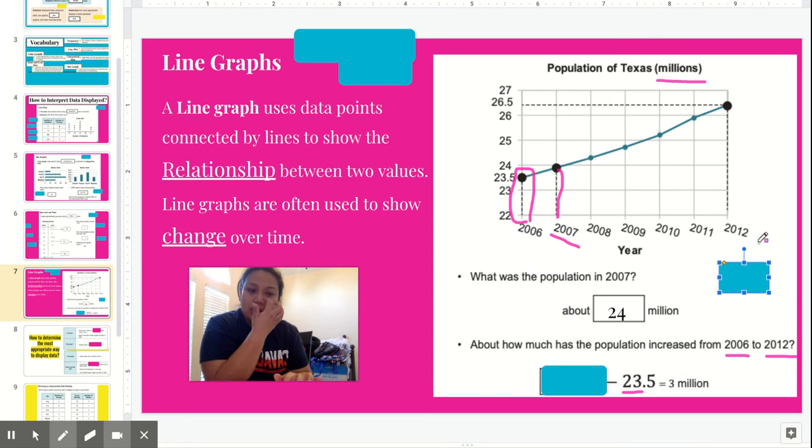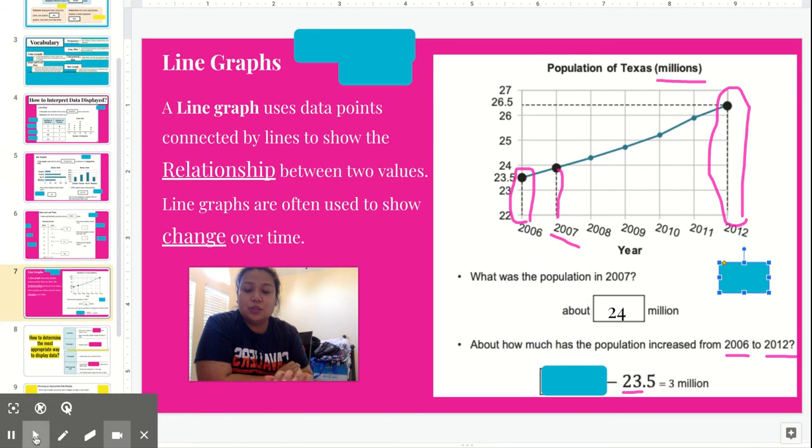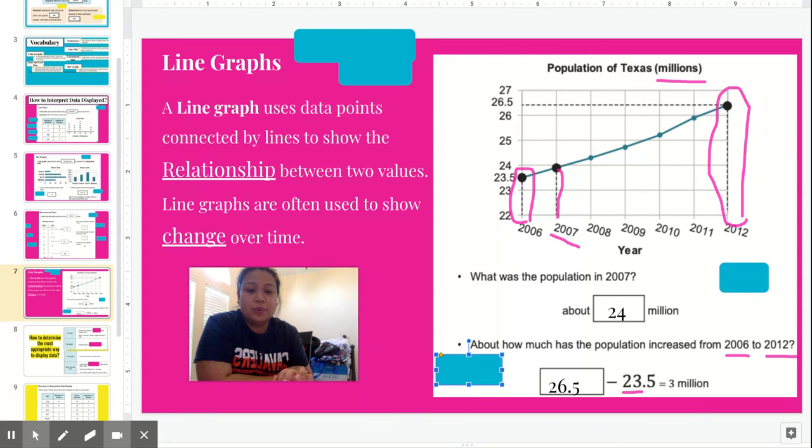And then in 2012, they showed that here too. I liked how they showed you a dotted line along. In order to figure that out, you would subtract because you're comparing 2 numbers. And here we would have put 26.5 because that is the population for 2012.